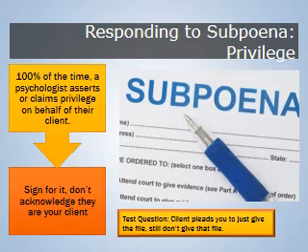So privilege, the psychologist is never the holder of privilege. You are claiming it on behalf. And don't acknowledge that the person's your client when they deliver the subpoena, because that's a breach of confidentiality.